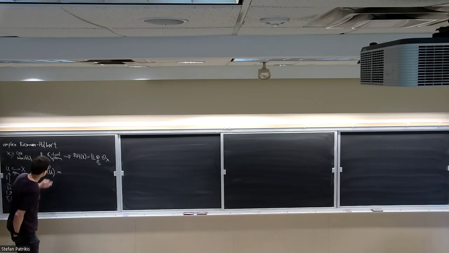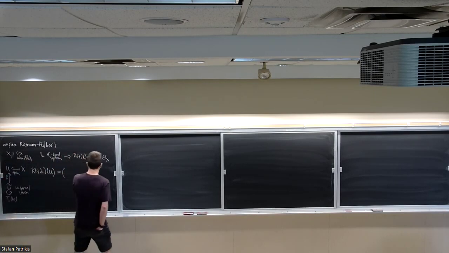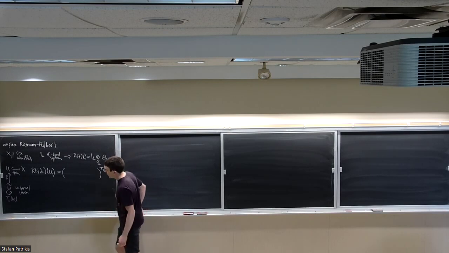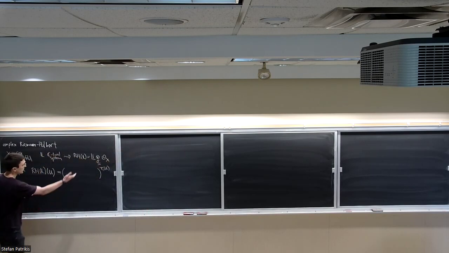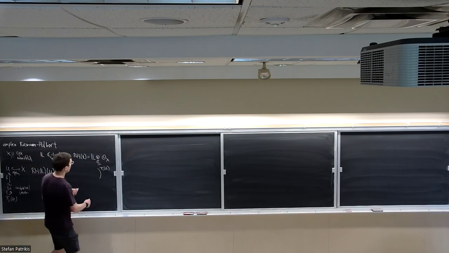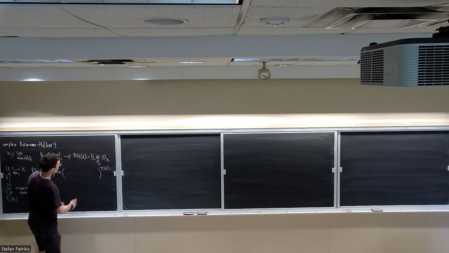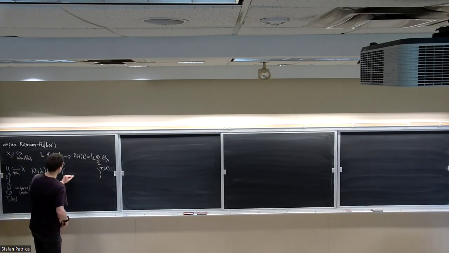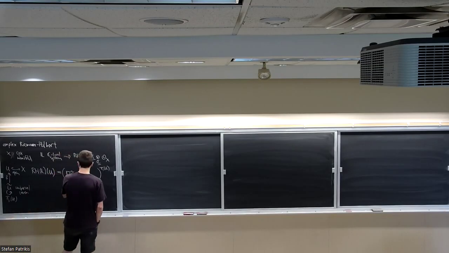Okay? So how do I compute sections on U tilde? So let me put in parentheses sections on U tilde, and then I'll take invariants for the fundamental group. But, well, on U tilde, this local system becomes trivial. So if I just tensor the constant sheaf with the structure sheaf, it's just a bunch of copies of the structure sheaf, but let me write it more canonically. So if I go to U tilde, then on U tilde, my local system is trivial.